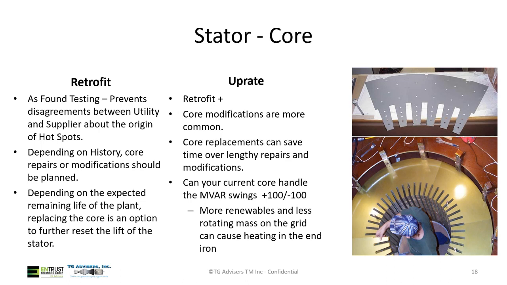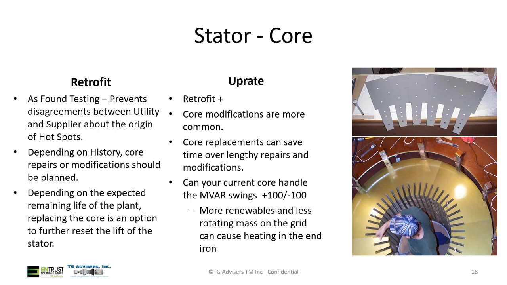For a retrofit, you want to do as-found testing. As-found testing prevents disagreements between the utilities and the suppliers as to the origin of a hotspot. When you're going through your retrofit, you're going to do periodic LCID or loop tests or ring tests to excite these hotspots, and you want to know if it was already there.